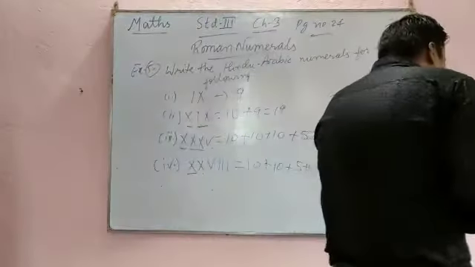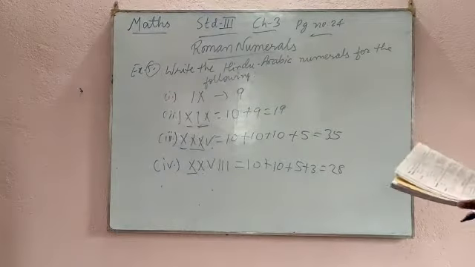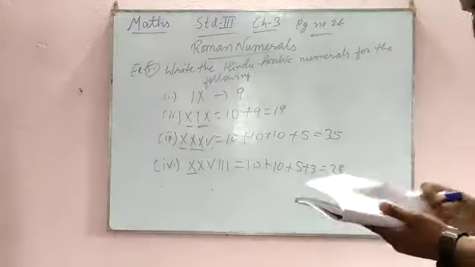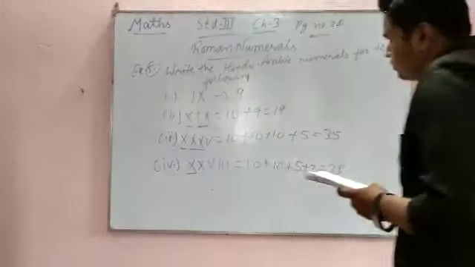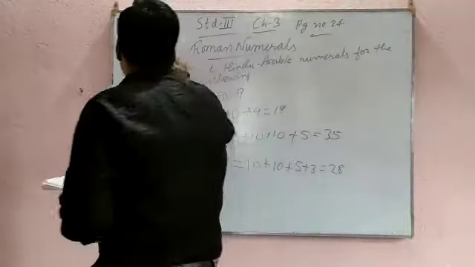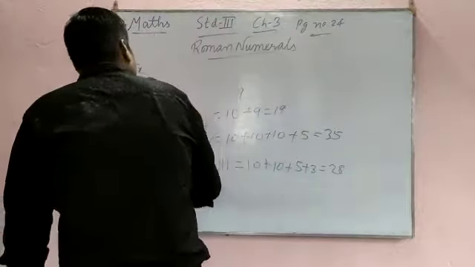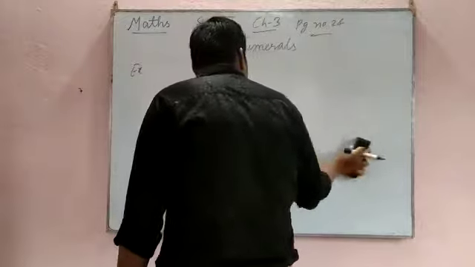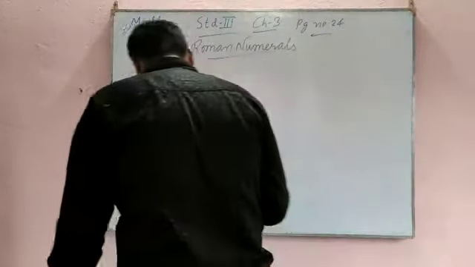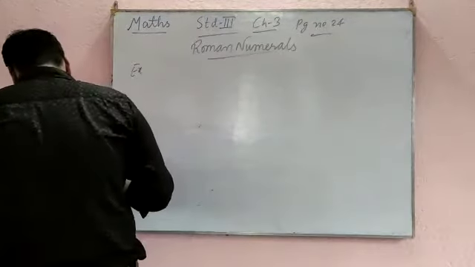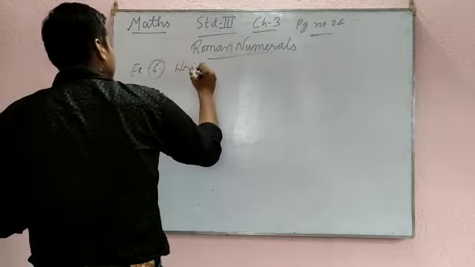Now write down in the classwork copy. Next I will go for example number 6. In this chapter you have only one exercise. Come to example number 6. Example number 6 is write the following in Roman numerals.